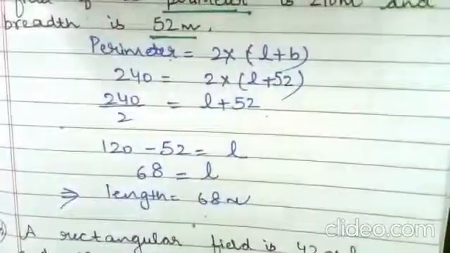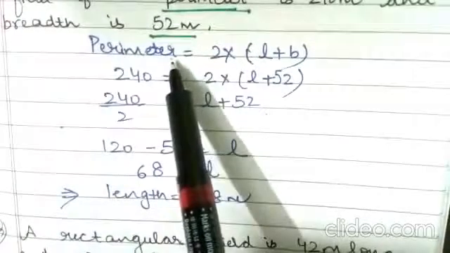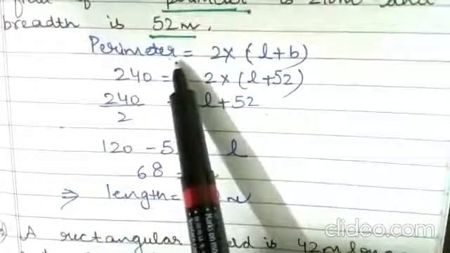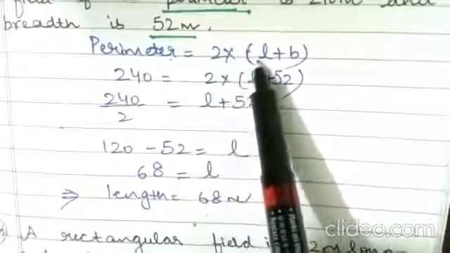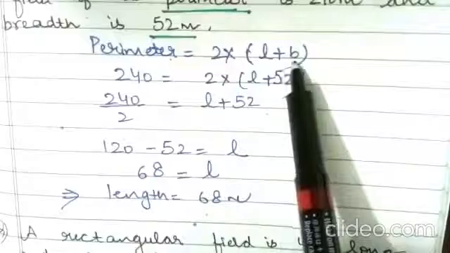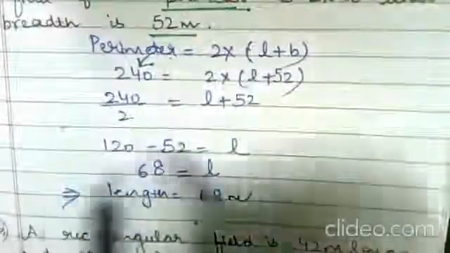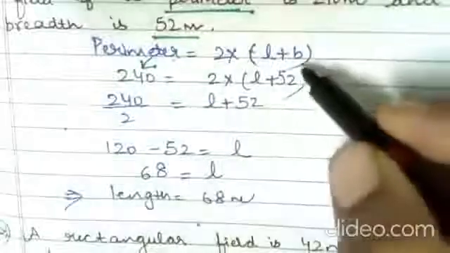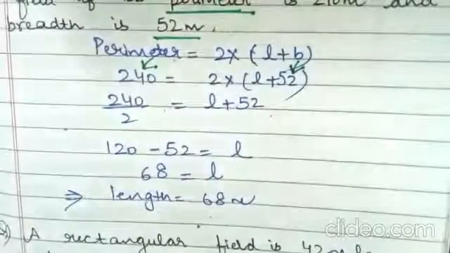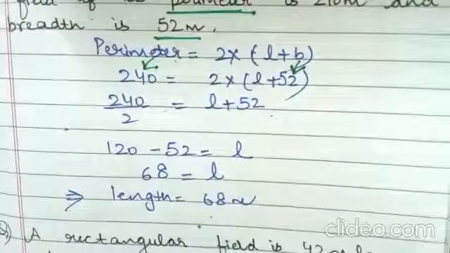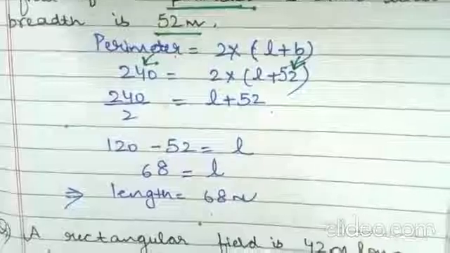First of all, write down the formula for the perimeter of a rectangle, that is equal to 2 multiply length plus breadth. Now perimeter we know that is 240, breadth we know that is 52 meter. Now we have to find the length of the rectangular field.